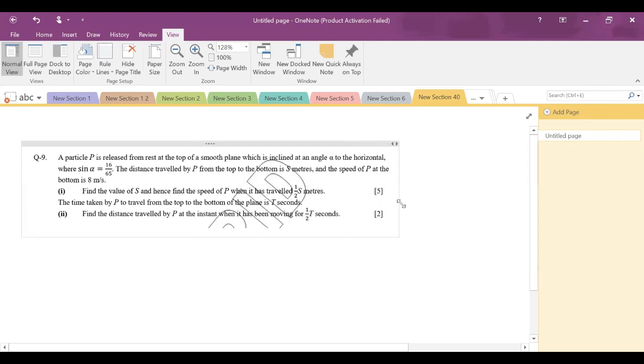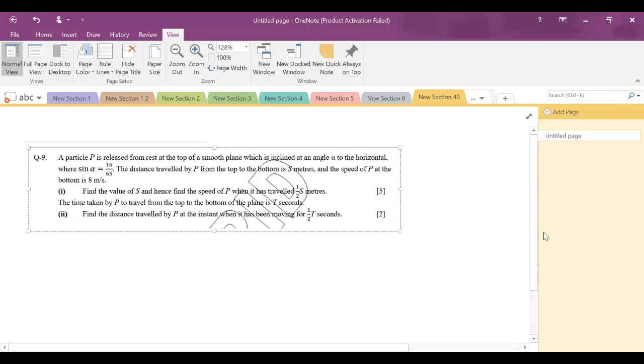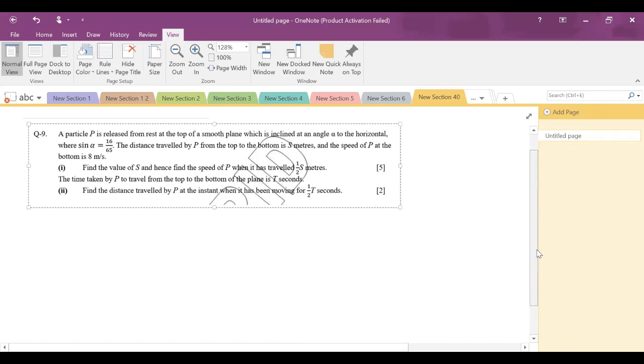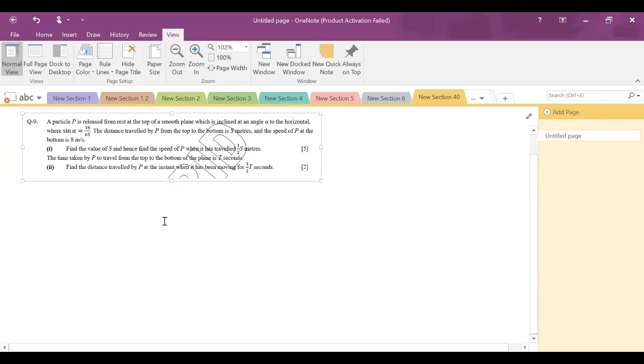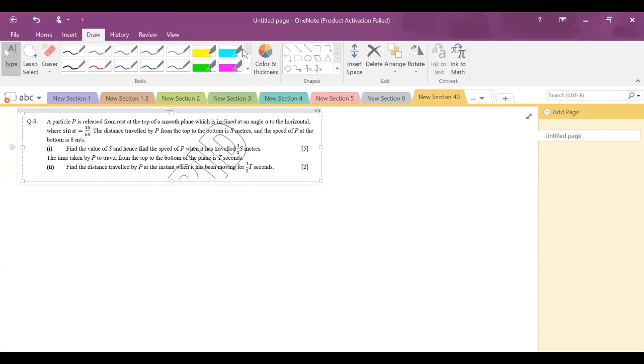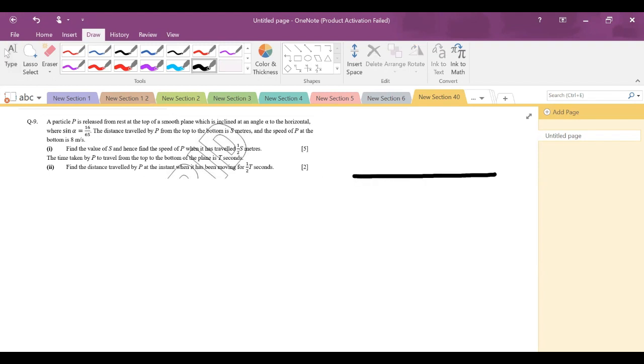Here's question 9. Particle P is released from rest at the top of a smooth plane which is inclined at an angle alpha to the horizon. So there's a smooth plane again. That means the friction is 0.